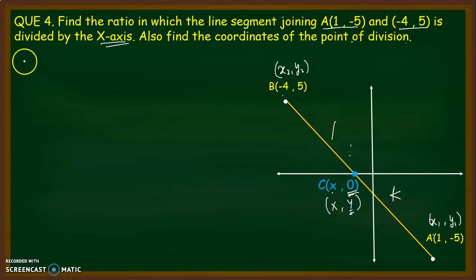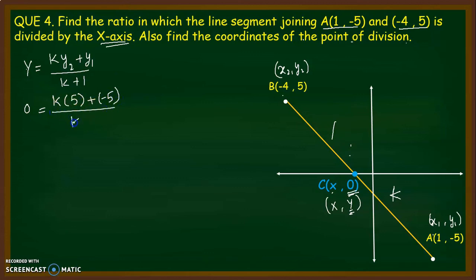So you can use the formula for y equal to (k y2 plus y1) divided by (k plus 1). Here in place of y we will put 0. The value of k is unknown. y2 is 5, y1 is minus 5, divided by k plus 1.